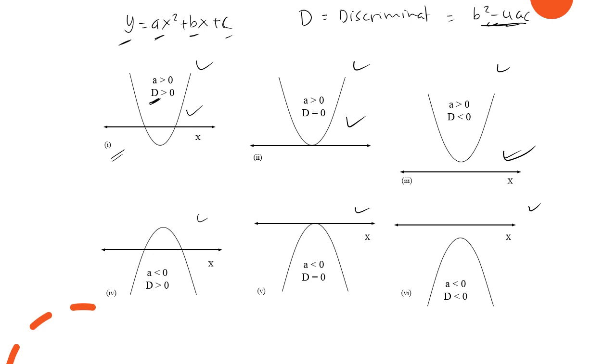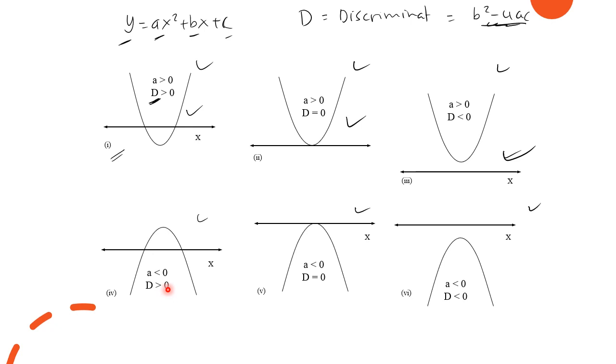So if the result of b squared minus 4ac is bigger than 0, it will be cutting the x-axis, intersecting the x-axis. If it is equal to 0, it is touching, and if it is smaller than 0, then it will be floating.